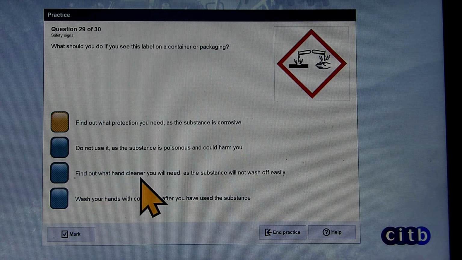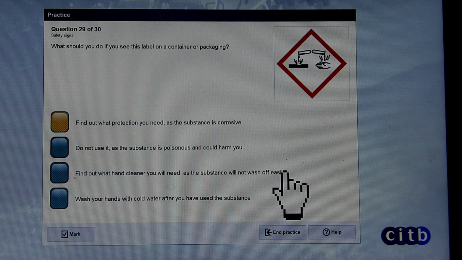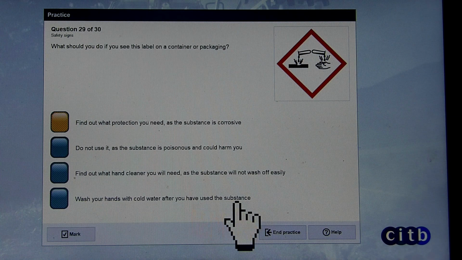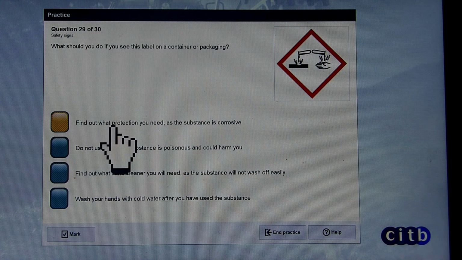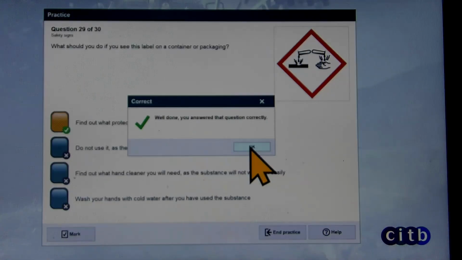Find out what hand cleaner you will need? Wash your hands with cold water after you have used the substance? The best answer must be: find out what protection you need, as the substance is corrosive. This indicates corrosiveness. Well done.